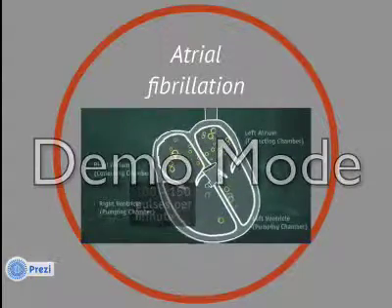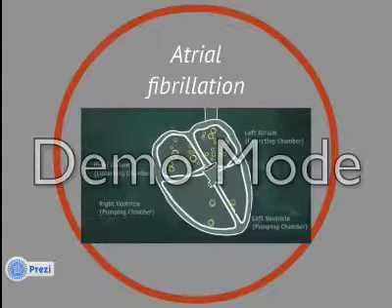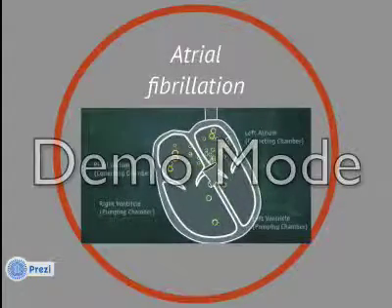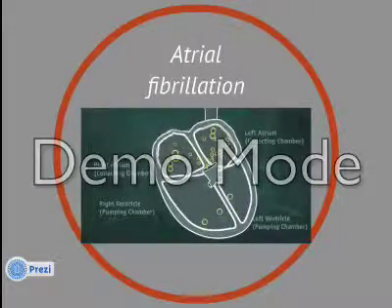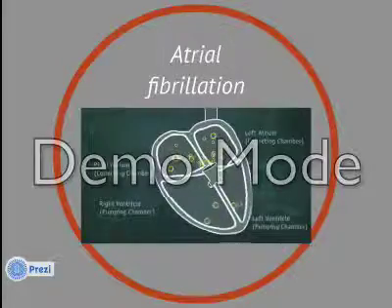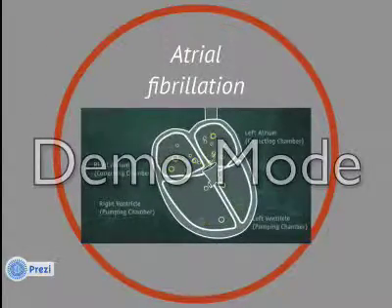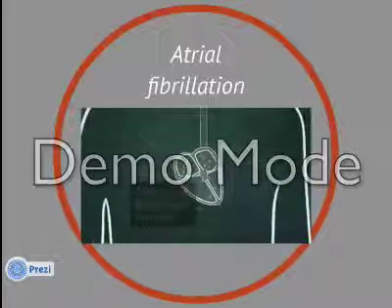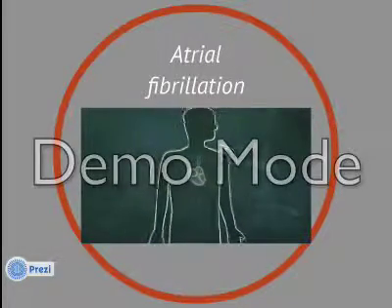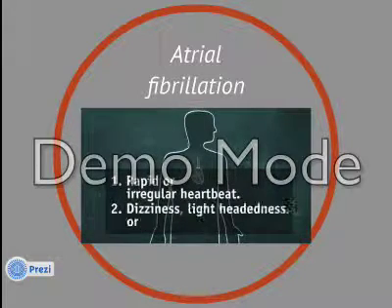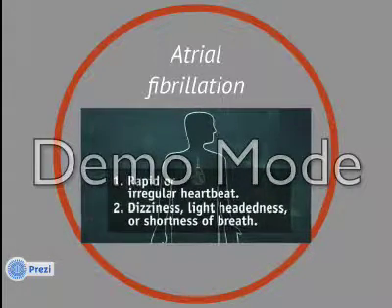So the result of atrial fibrillation, which is the very rapid quivering from multiple short circuits of the collecting chamber, is the somewhat rapid but still steady beating of the pumping chambers at somewhere between 100 to 150 beats a minute. And what patients feel during atrial fibrillation is this sensation of rapid or irregular heartbeat, sometimes accompanied by dizziness or lightheadedness or shortness of breath.